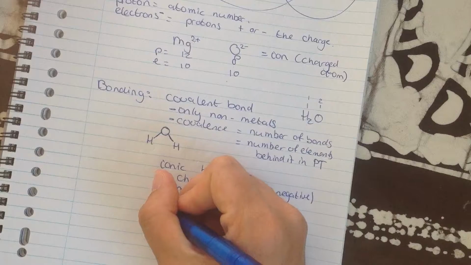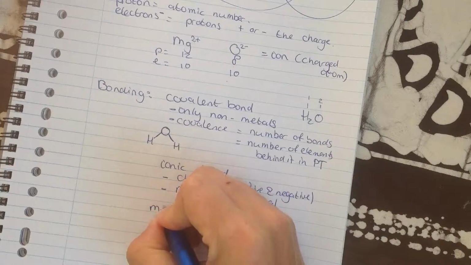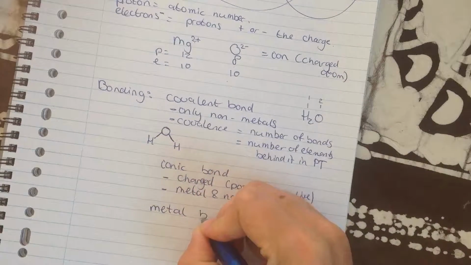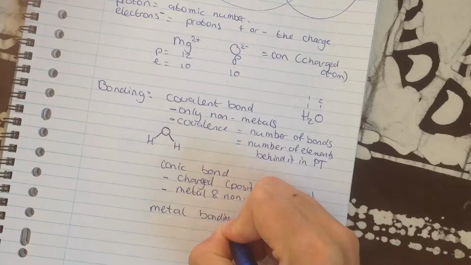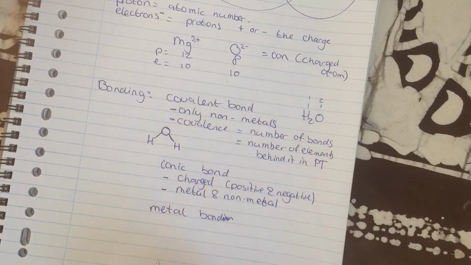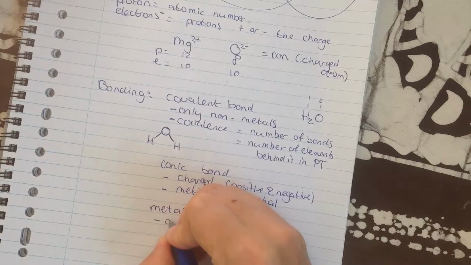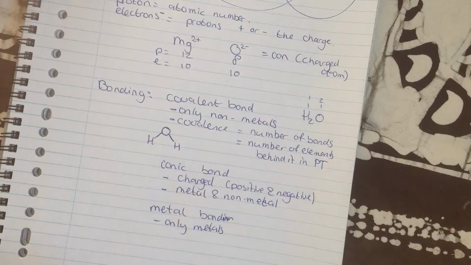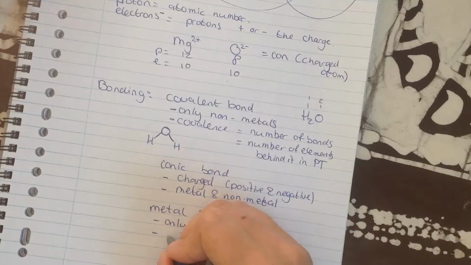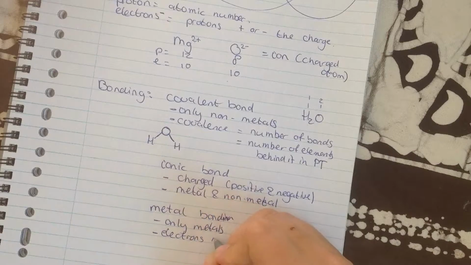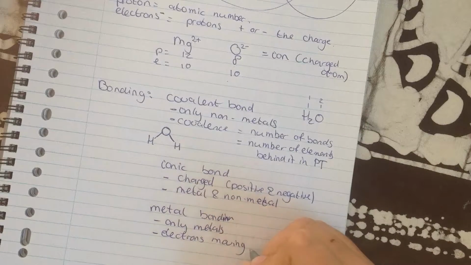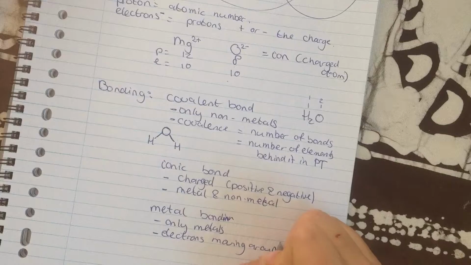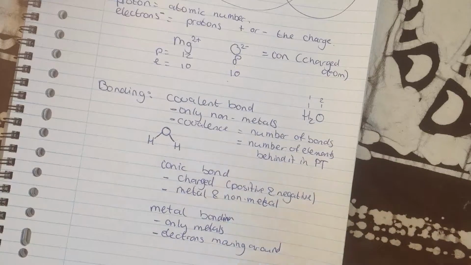And then there's the metal bonding. The metal bond obviously occurs only between metals, and they have electrons moving around. That is also why they can conduct electricity.